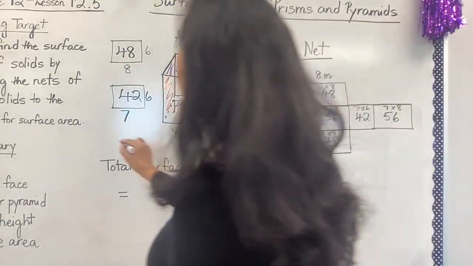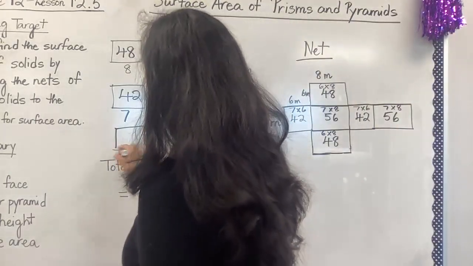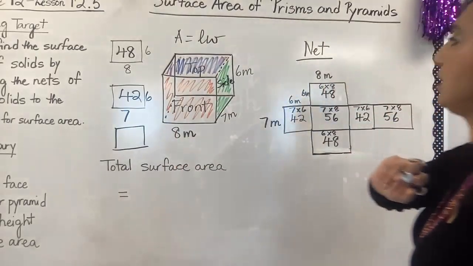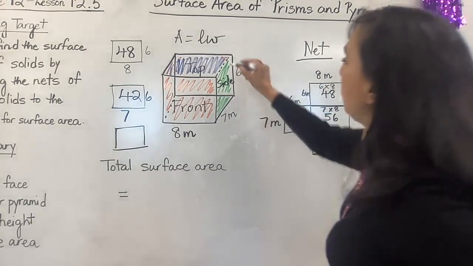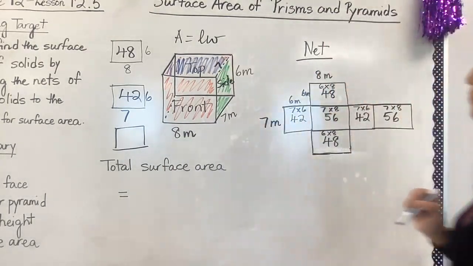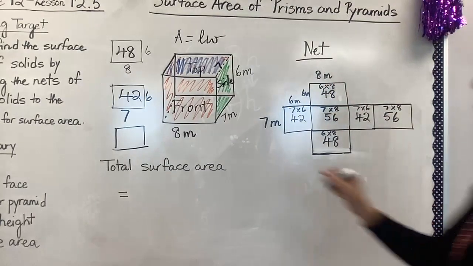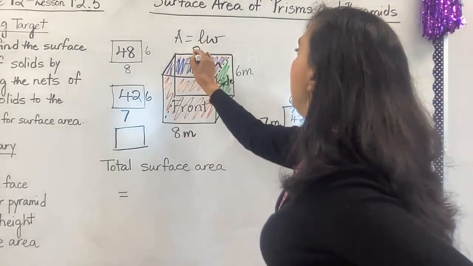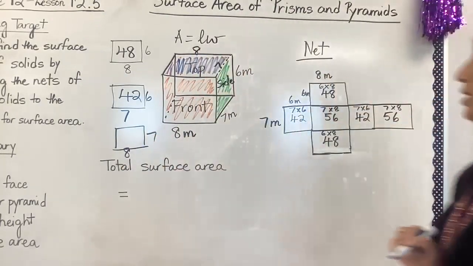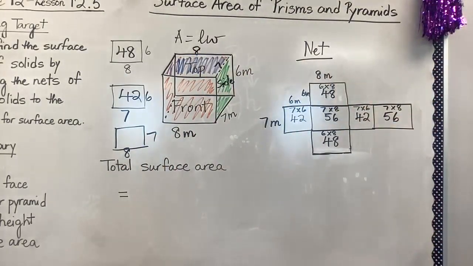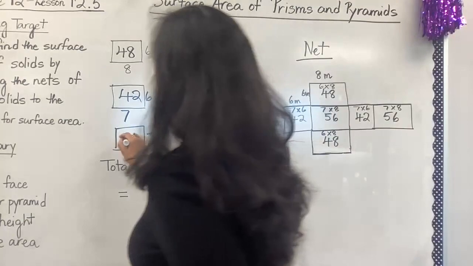And then I have the top. So I can look over there. If this is 7, we know this is 7, right? And if this is 8, we know this is 8. So we have 8 and we have 7. And what is 8 times 7? I have 56.